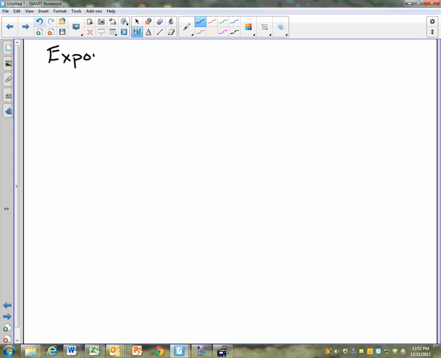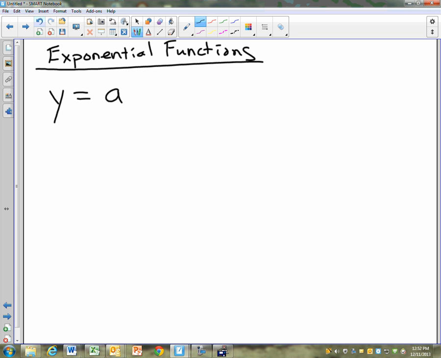Exponential. Exponential functions, okay? That's what we want to look at right now. An exponential function is of this form, y equals a to the x power.